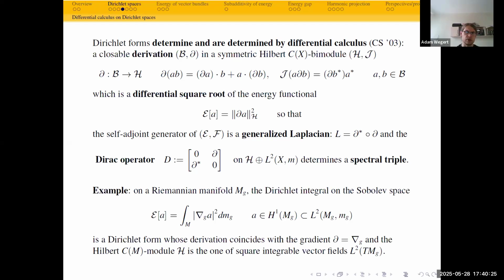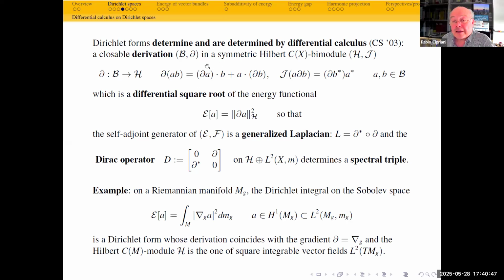Okay, so you have an algebra B, and you have a Hilbert C of X bimodule H, and then you have an operator L, and you also have an operator D. L acts on the Hilbert space L2.